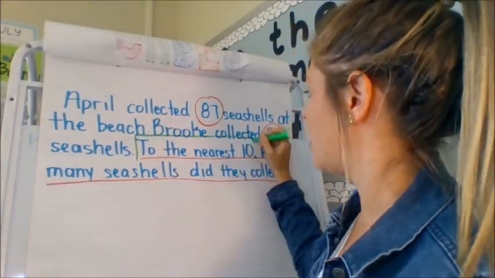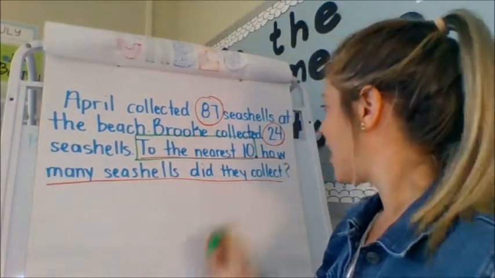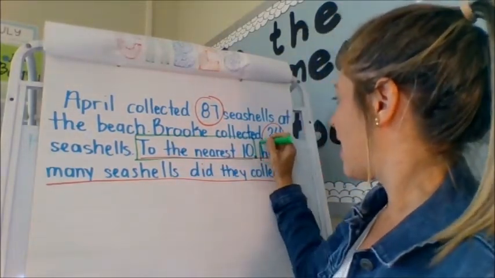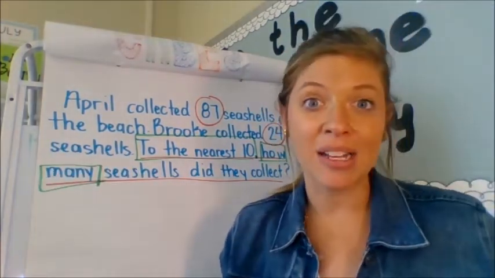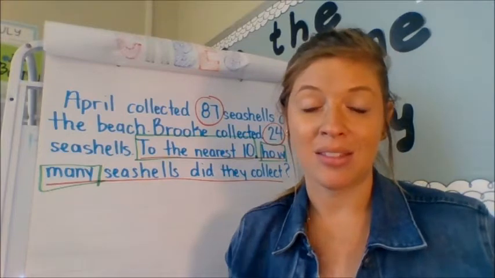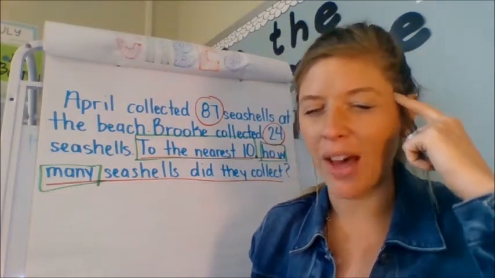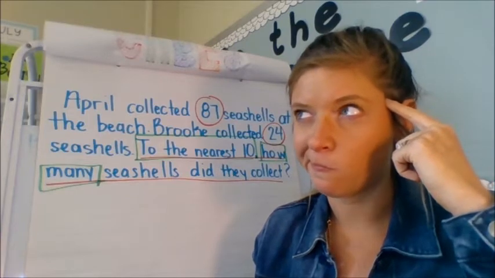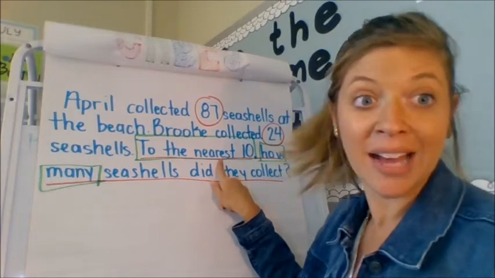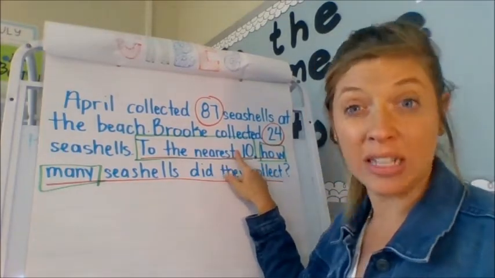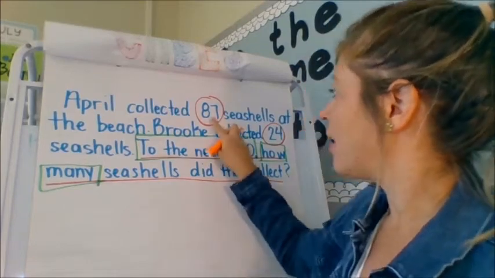"To the nearest 10" would be one, because now I know I need to round. And "how many," because now I need to know how many they have altogether. So when I'm going to evaluate this, I'm going to think, well, I need to round 87 and 24 to the nearest 10. So let's go ahead and check that out.